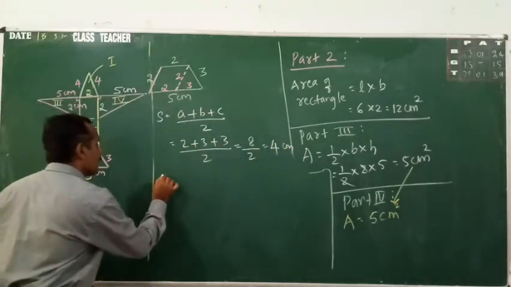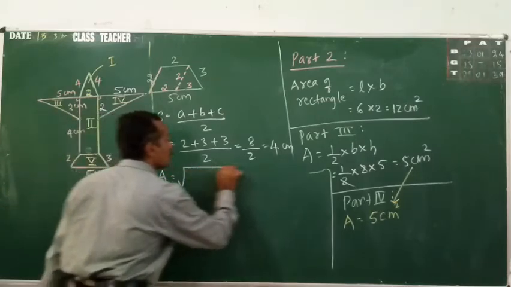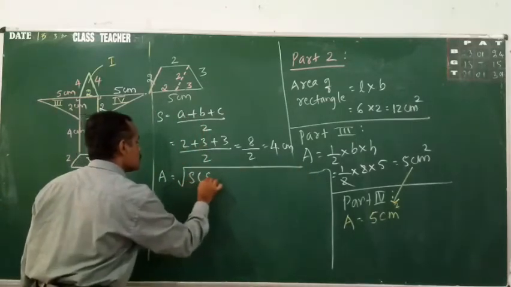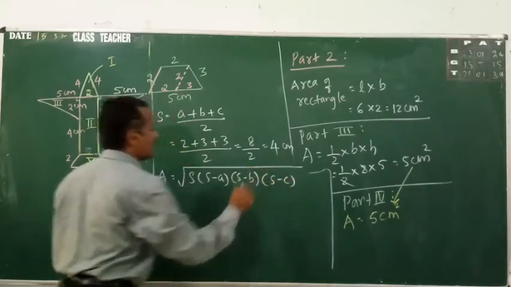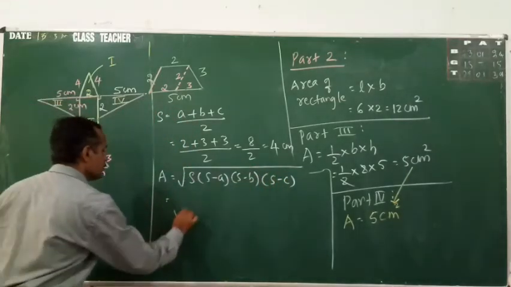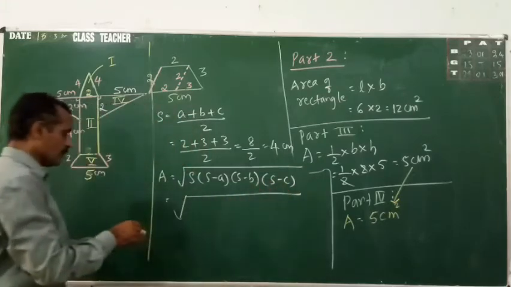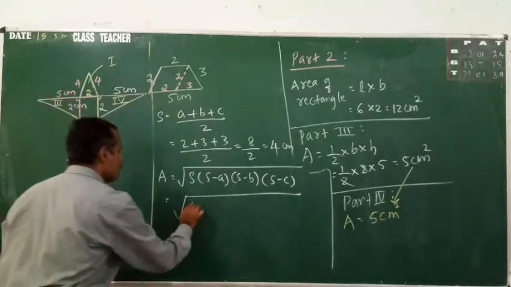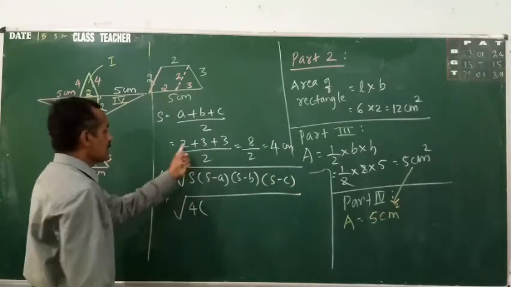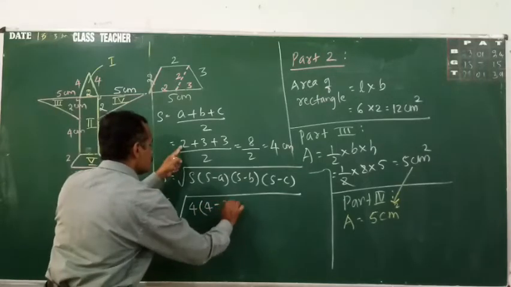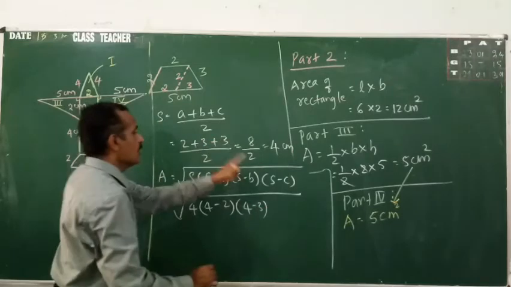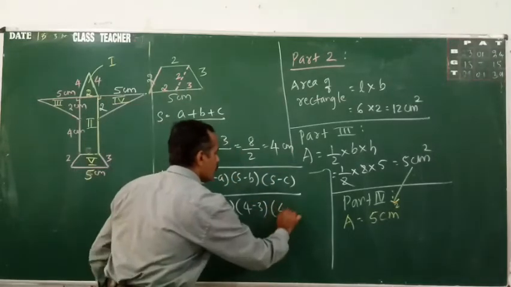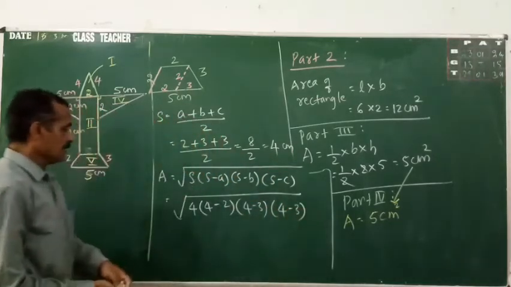This is the semi-perimeter. Now you can find out the area: under root s into s minus a into s minus b into s minus c. Under root, s is 4 into s minus a, 4 minus 2, s minus b, 4 minus 3, again s minus c, 4 minus 3, right?